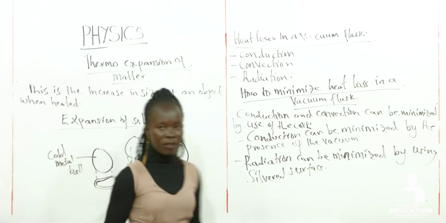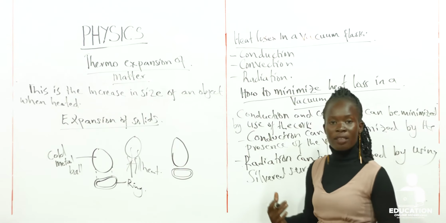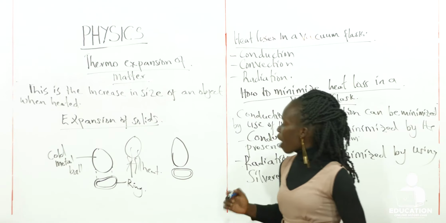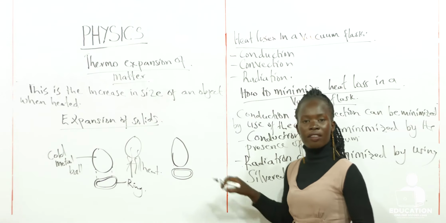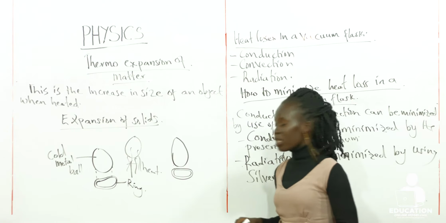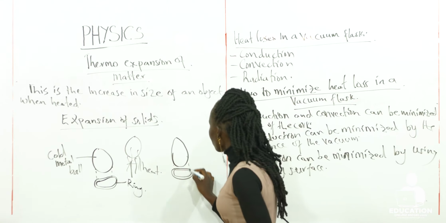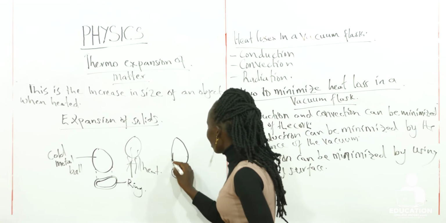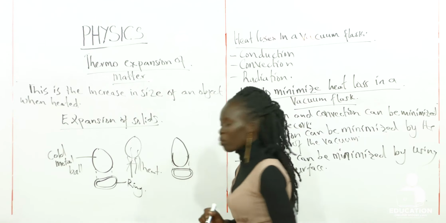Remember, it's the same metal ball we're using, so it should be the same ring. Now, after heating your ball, try to bring it and fit it in the ring again. You'll see that it will not fit in the ring. It is going to be bigger than the ring. Instead of this point coming directly inside, it will be left out.